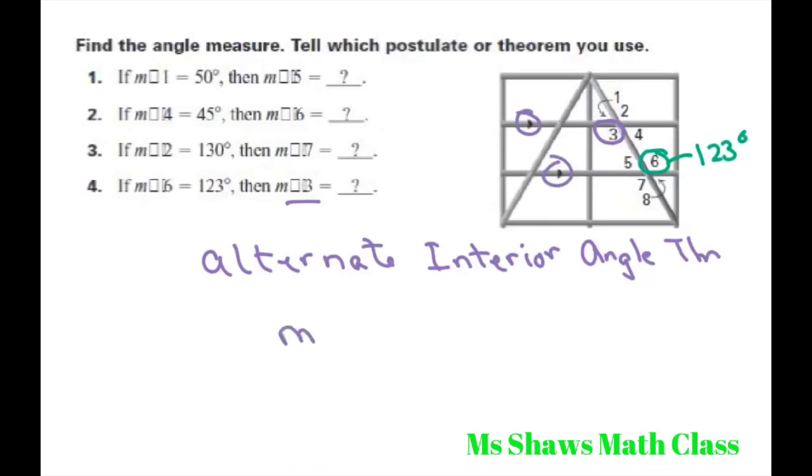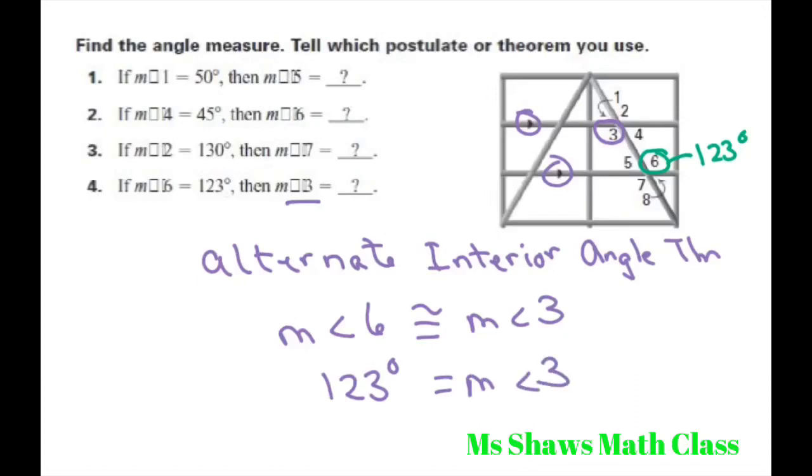So the measure of angle 6 is congruent to the measure of angle 3. Therefore, the measure of angle 6, which is 123, equals the measure of angle 3. So this would be 123 degrees.